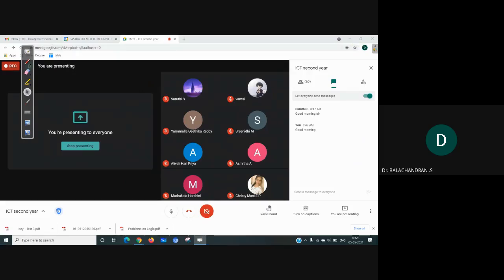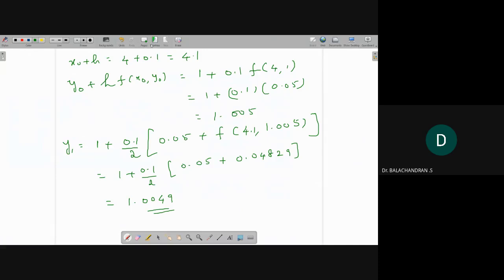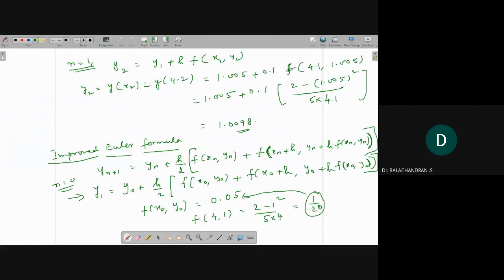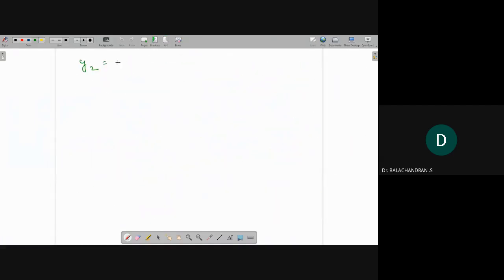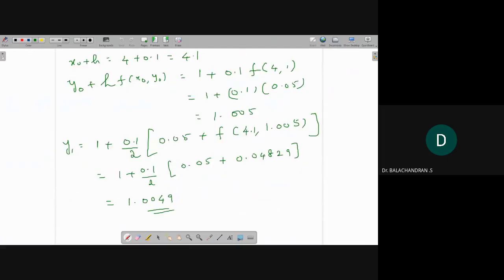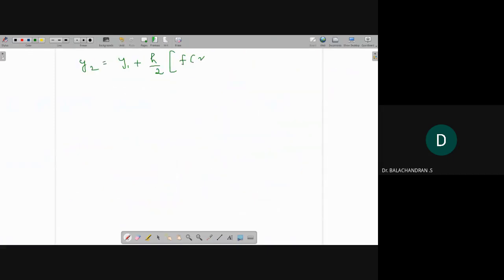Okay, you need some time to do it. So y2 equal to, the formula is y1 plus h by 2 into f of x1 comma y1 plus f of x2 comma the predicted value.